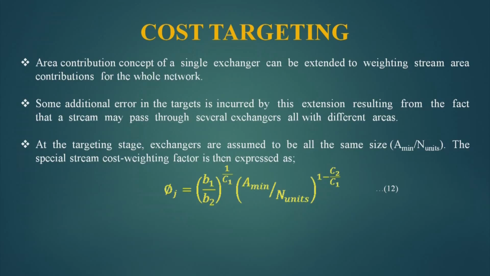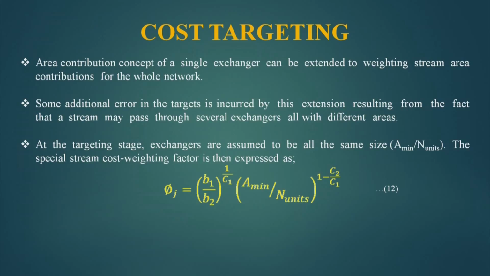At the targeting stage, exchangers are assumed to be all the same size. How? Because when we are putting up the area in the cost target, then we go for area minimum, that is the area of the heat exchanger network divided by n units, that is the number of units in the heat exchanger network.